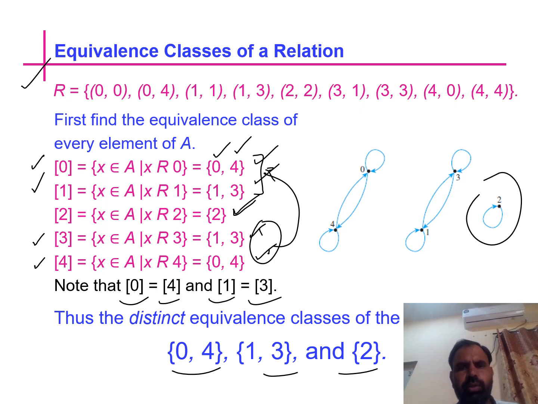Similarly for 2, it's {2}, for 3, x relation with 3 gives {1, 3}, and for 4 it is {0, 4}. We note that the classes of 0 and 4 are equal, and the classes of 1 and 3 are equal. Thus the distinct equivalence classes of R are {0, 4}, {1, 3} and {2}.